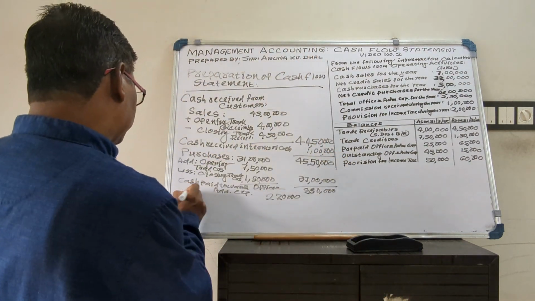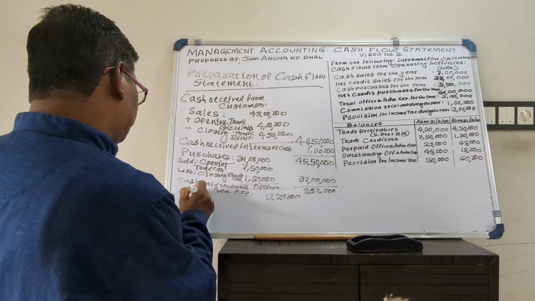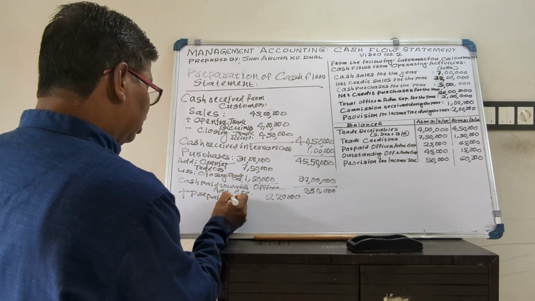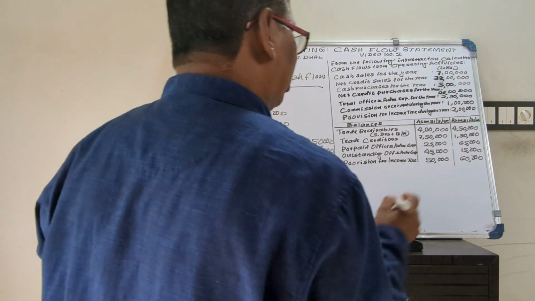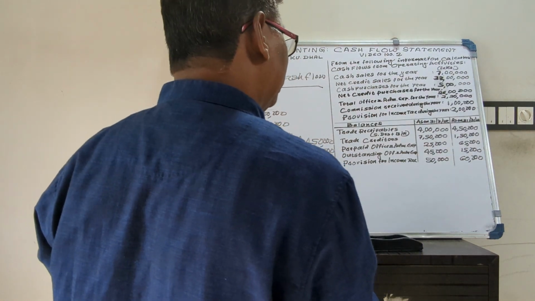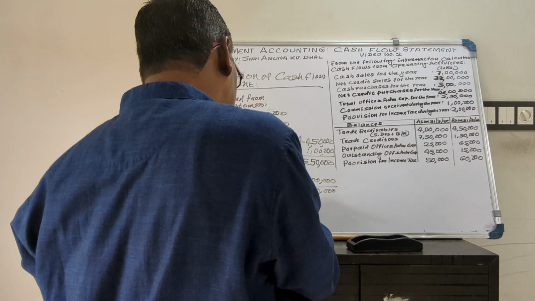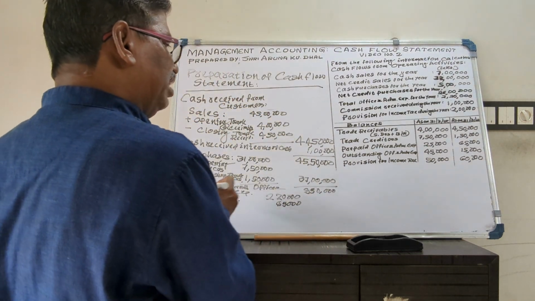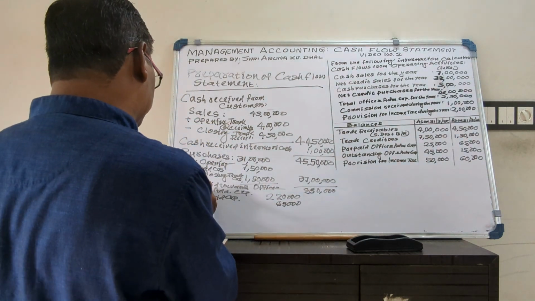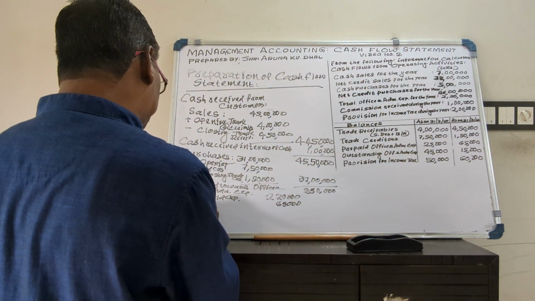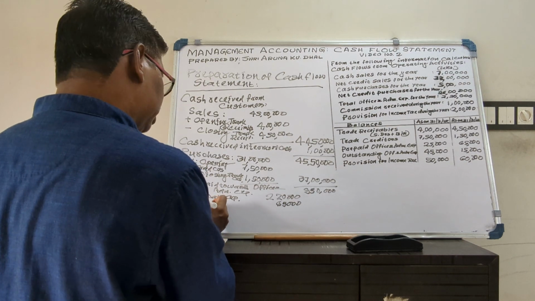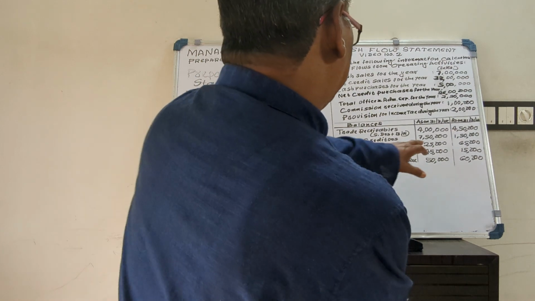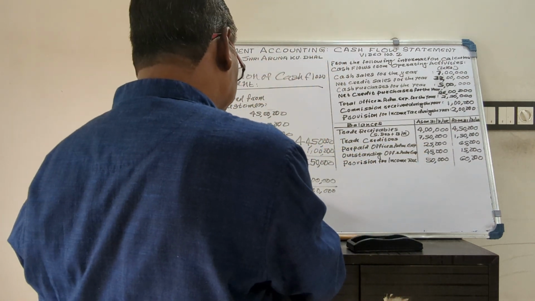So plus prepaid expenses at the end of 31st March, it is 65,000, minus opening prepaid expenses, 25,000.